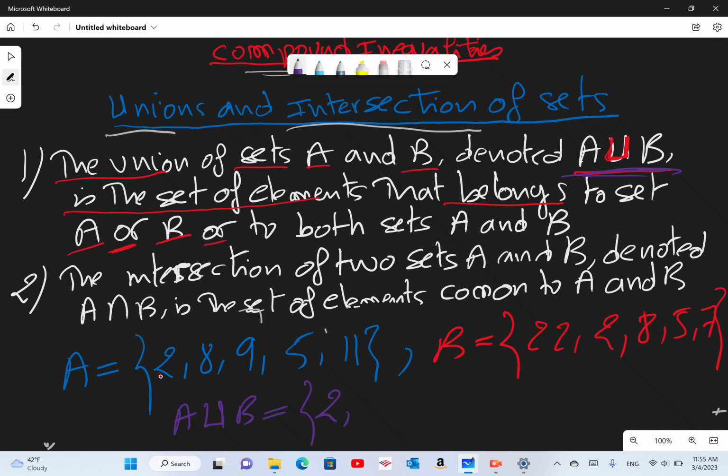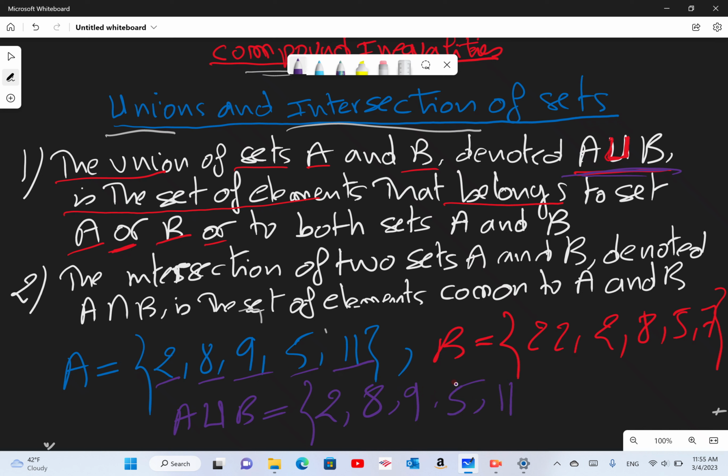It would be 2. 2 is an element of A, so it must also be an element of A union B. 8 is the same. 9 also has to be. 5 is an element of A, so it has to be in A union B.